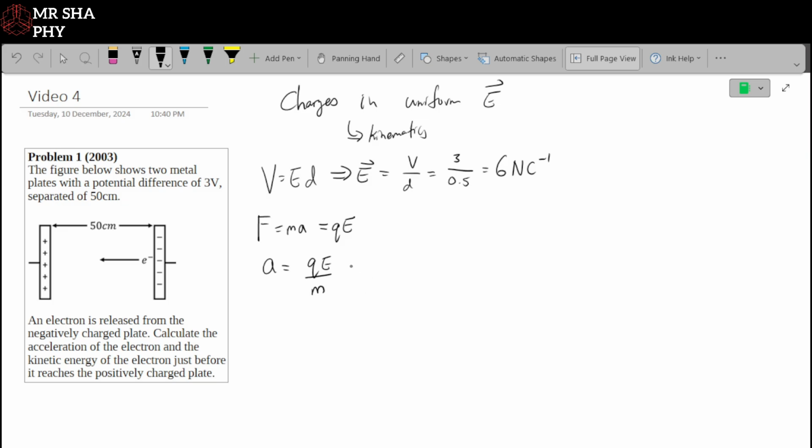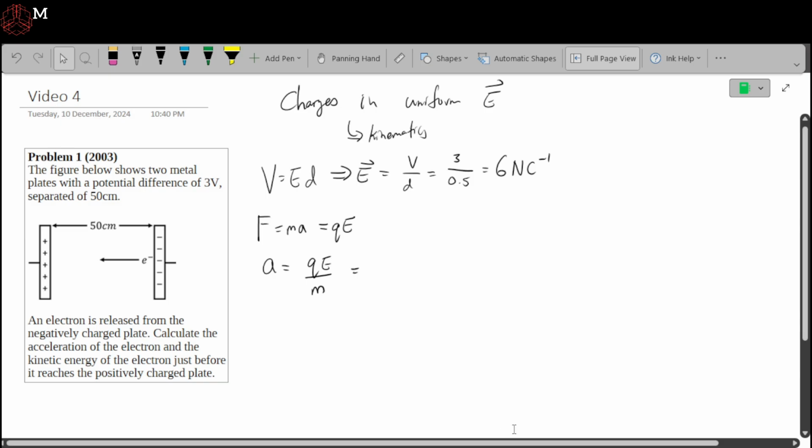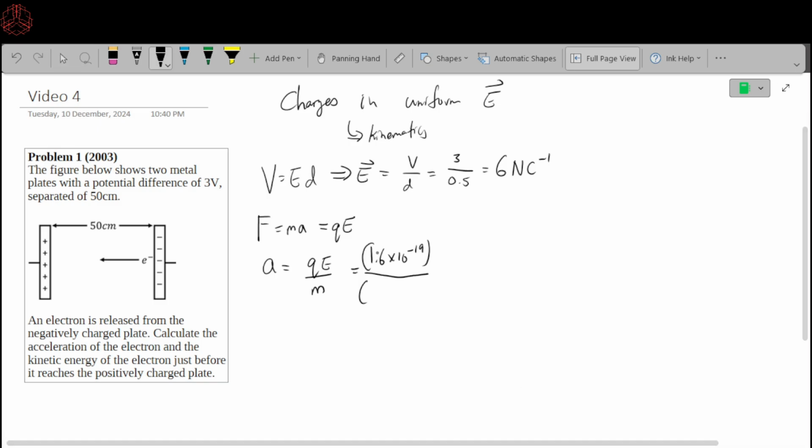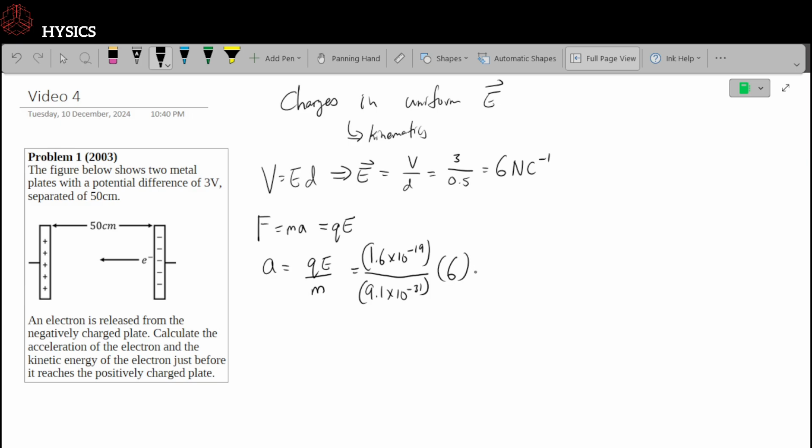The good thing is, because we're talking about an electron, we know the charge and the mass of the electron. The charge of the electron is 1.6 times 10 power of negative 19, and the mass of the electron is 9.1 times 10 power of negative 31, and then of course the electric field, which is just 6.